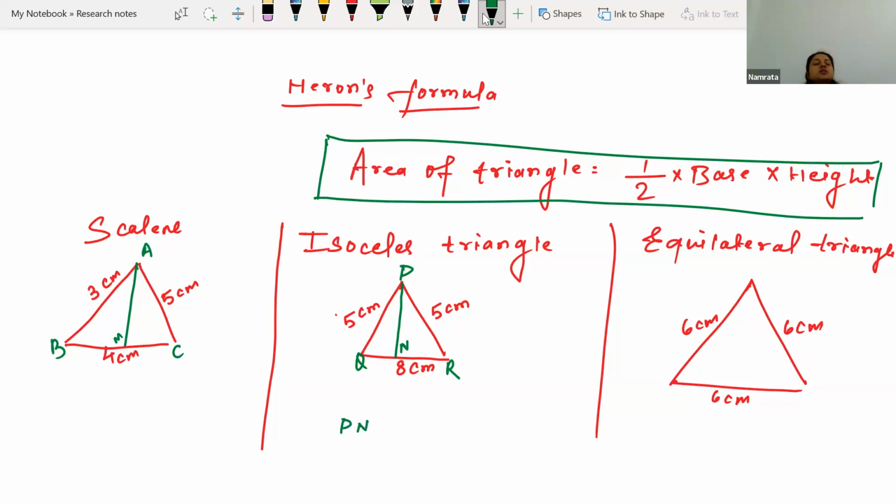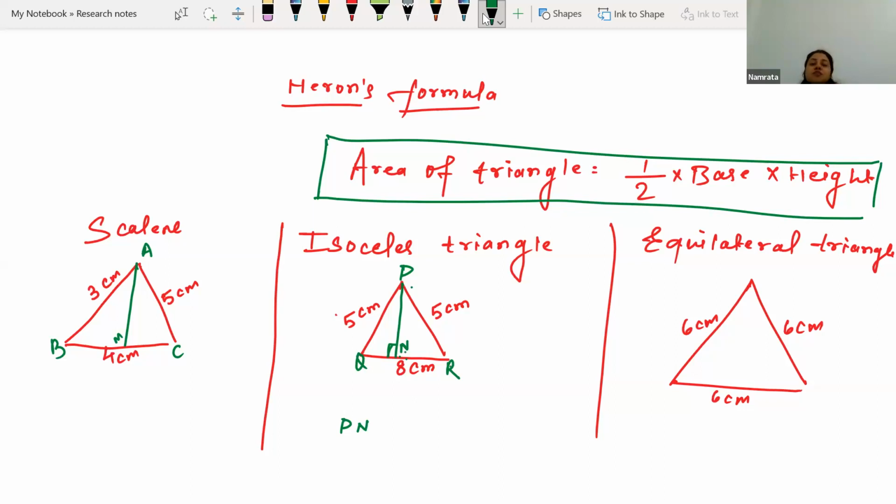But we know there is a theorem in the isosceles triangle that whenever we drop a perpendicular, it will bisect the other side. The side QR will get bisected, or you can say N is the midpoint of the side QR. If you already know the concept of congruency, you can see that triangle PQN and triangle PRN will be congruent to each other.